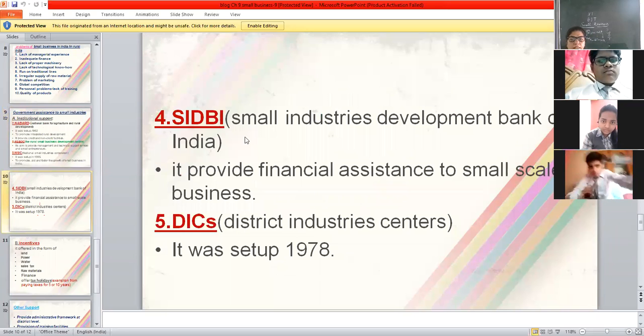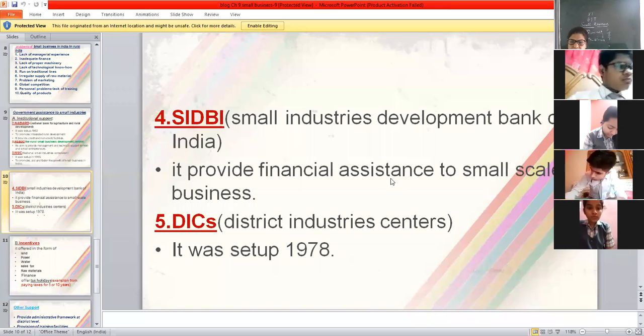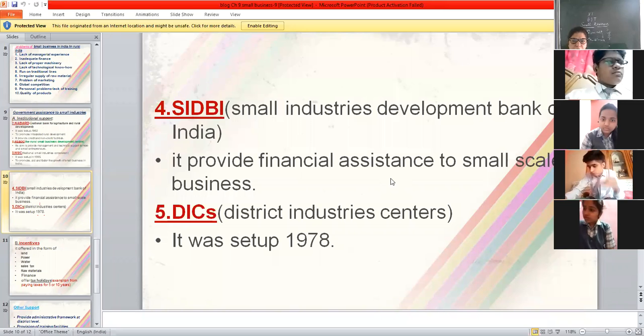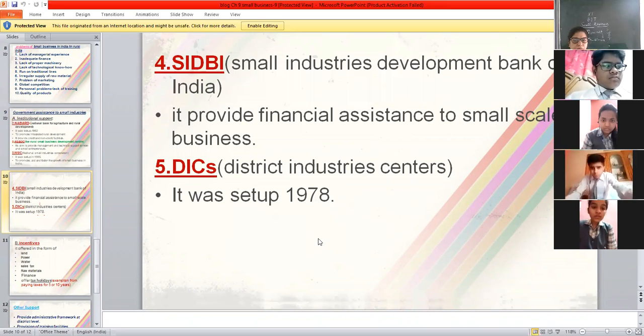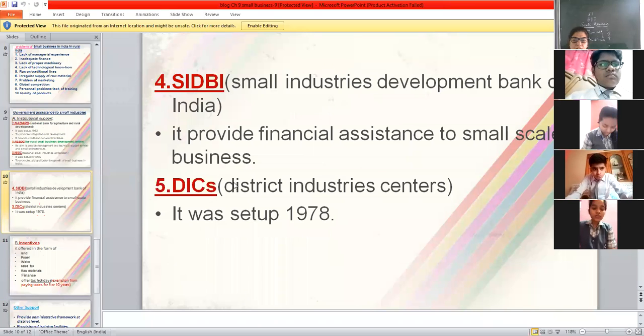The next, SIDBI, Small Industries Development Bank of India, to provide financial assistance. And then DICs, District Industry Centers, set up in 1978. These are the district centers, to provide local help to local industries.